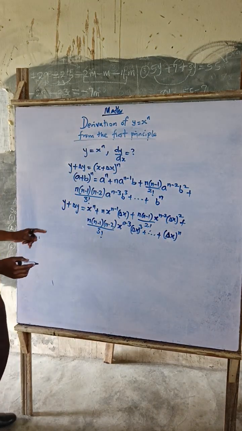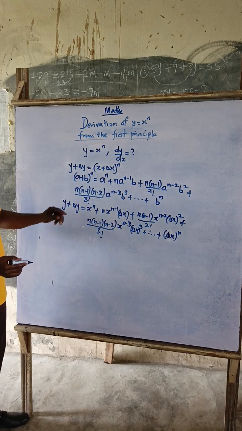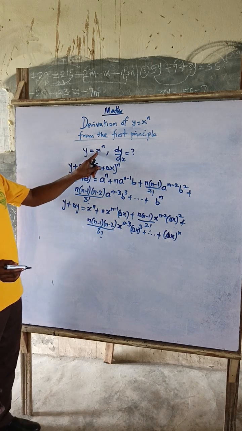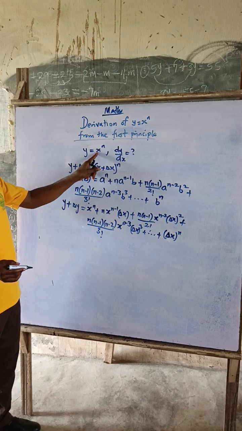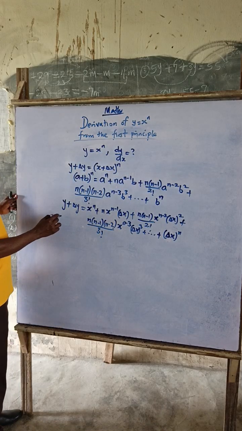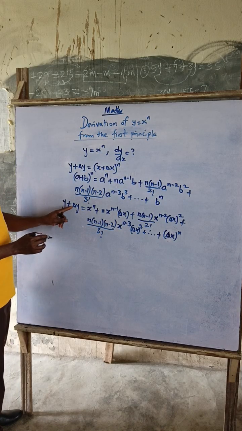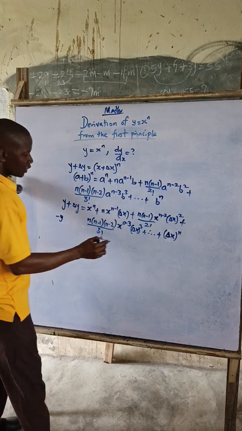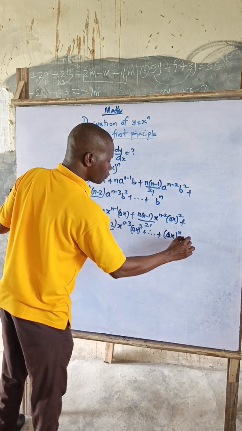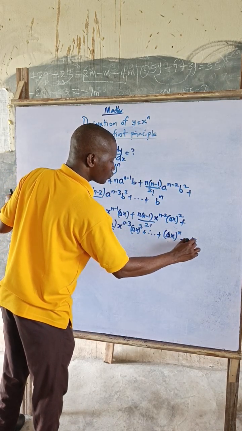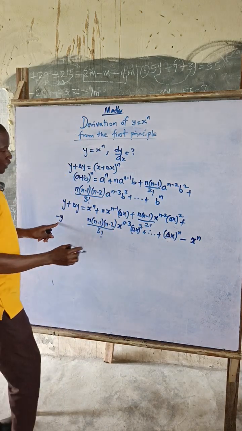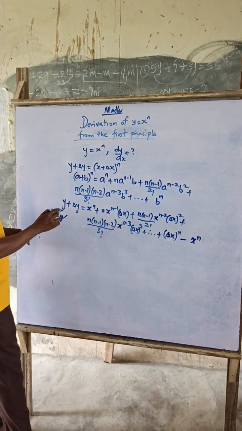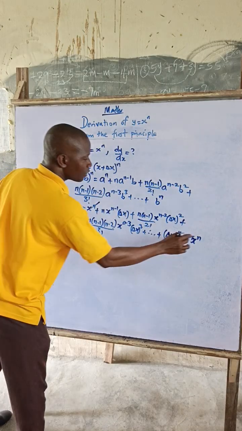Next we are going to take away y from both sides, and y equals x raised to power n. By taking away y, we can have delta y left here. On the other side, we take away x raised to power n too, since y equals x raised to power n. So this cancels this, and the x raised to power n cancels this.